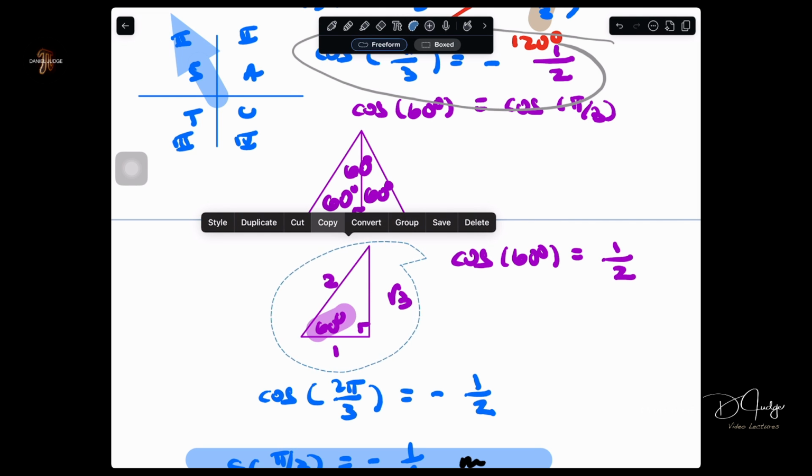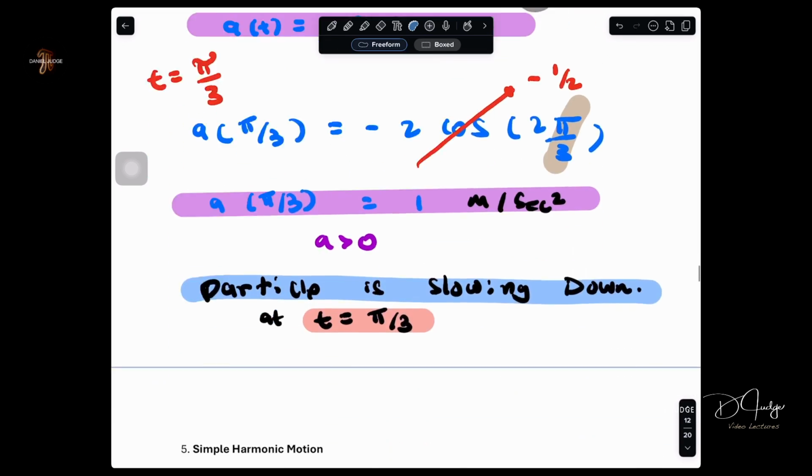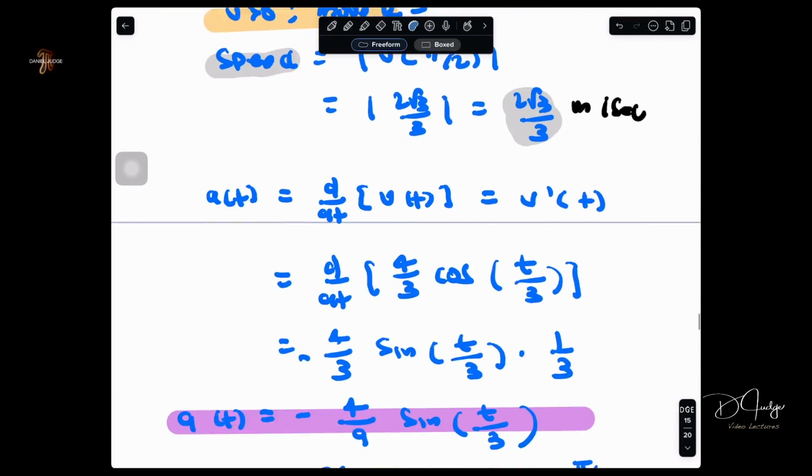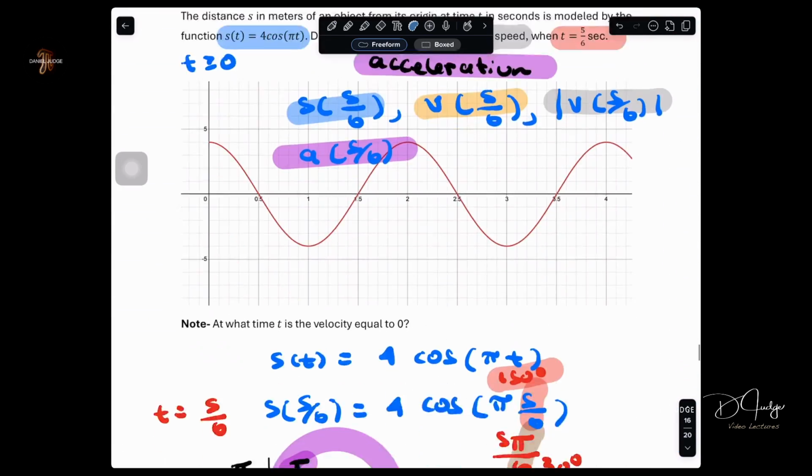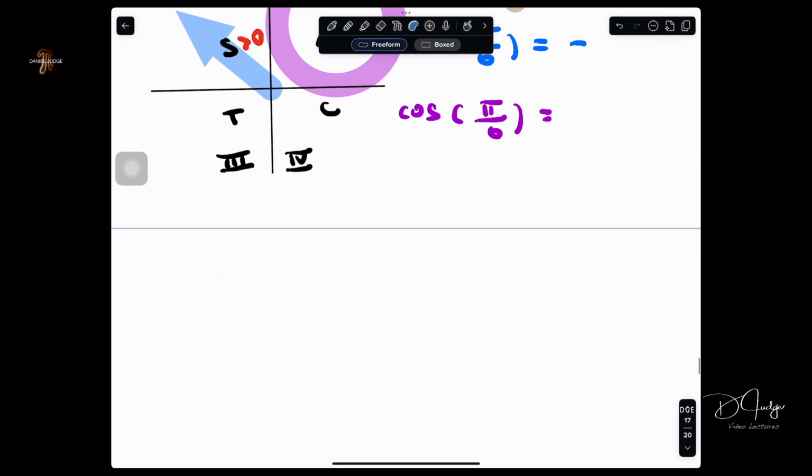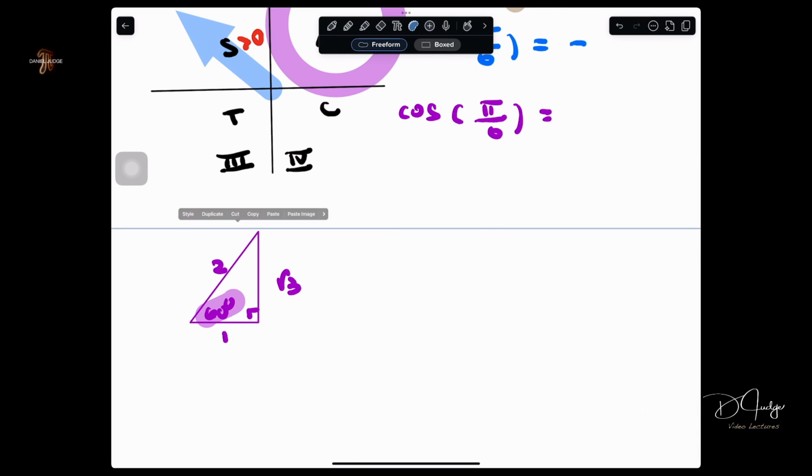I'm going to copy this, bring it down. But the angle is 30 degrees now. It is not 60 degrees. So your 30-degree angle is here.